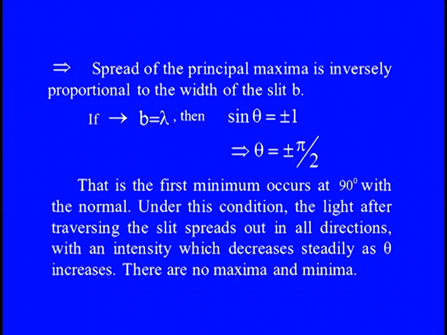That is, the first minimum occurs at 90 degrees with the normal. Under this condition, the light after traversing the slit is spread out in all directions with an intensity which decreases steadily as theta increases. There are no maxima and minima.